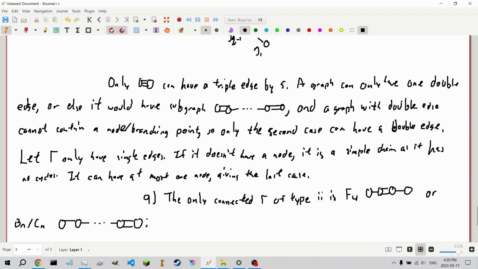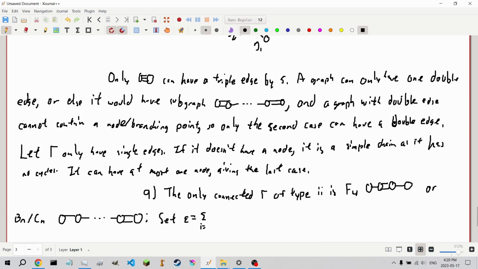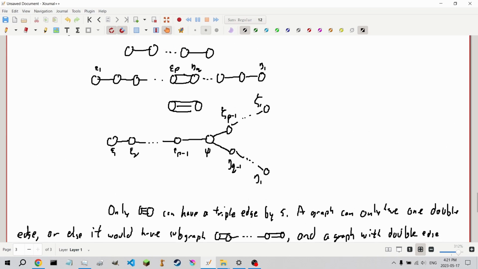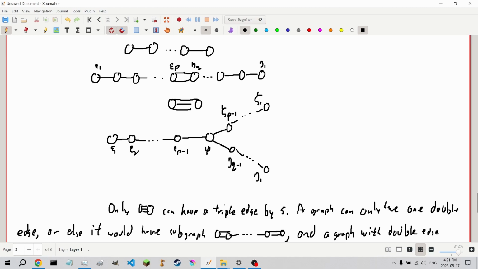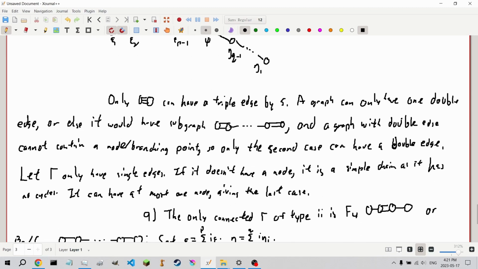And the proof. We're going to set epsilon to be the sum from 1 to p of i epsilon i, and eta to be the sum from 1 to q of i eta i, which we recall eta and epsilon are the two different sides on the double chain as we see in the diagram up above.